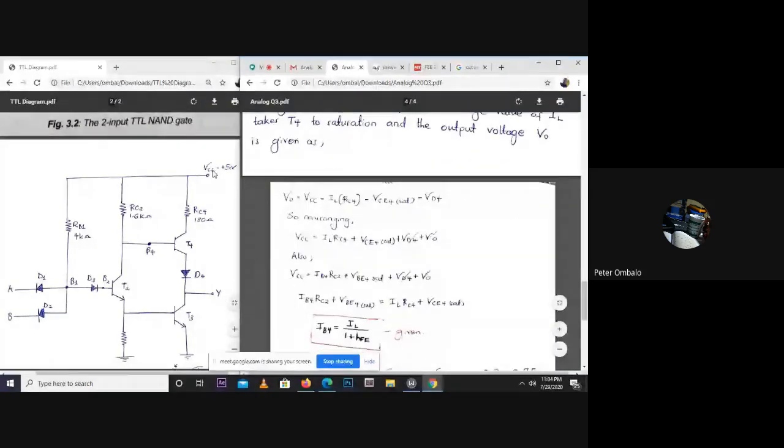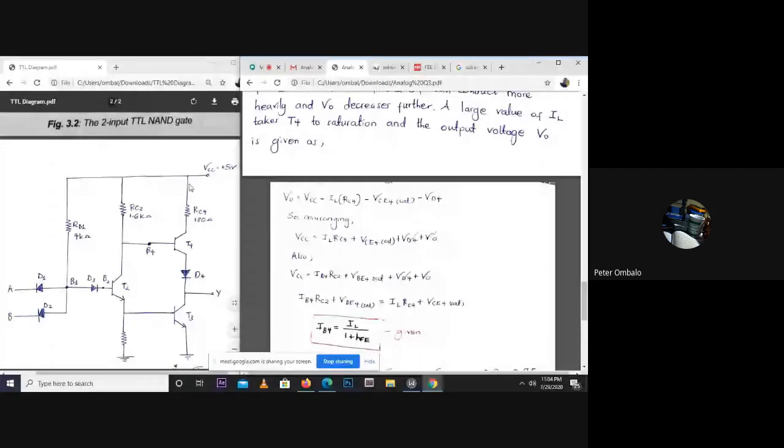We have VCC, and if we take this first path, then V0, the voltage at the load, is going to be given by the supply voltage VCC minus the drop at the resistor, which is IL times the resistor, minus VCE4 at saturation, because when the load is maximum at Y, transistor T4 is in saturation, and finally minus the drop at the diode. Whatever we are left with after all these drops, we output at Y.